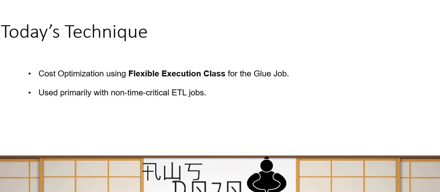If you go through the AWS documentation, they say you can save up to 35% of the cost if you use the flexible execution class method for running the Glue job. So let's try to understand what this is all about.